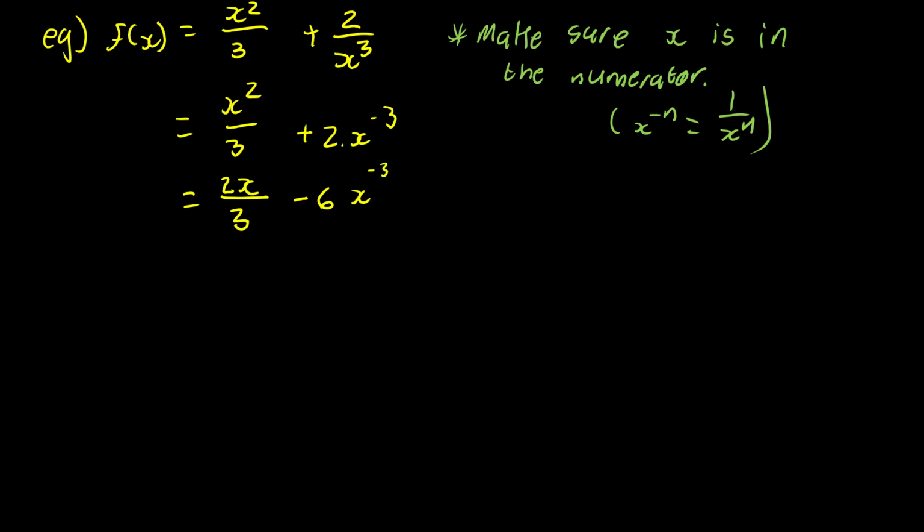So we're going to have negative 3 minus 1, which gives minus 6x to the power of negative 4. Now, normally we would like positive exponents, so you can rewrite this using the same exponential law as 2x over 3 minus 6 over x to the power of 4. But nowadays we aren't too strict on having the exponents positive for these types of questions.